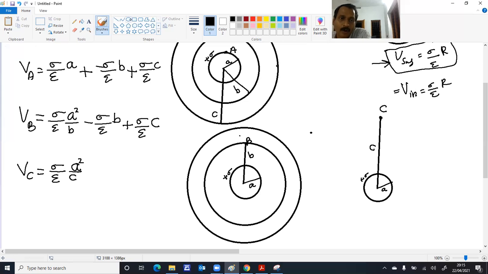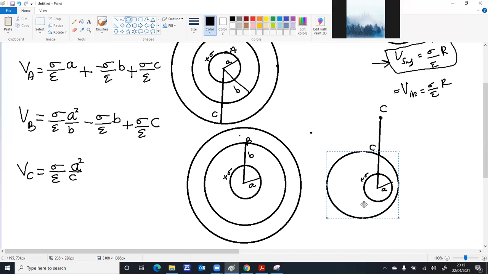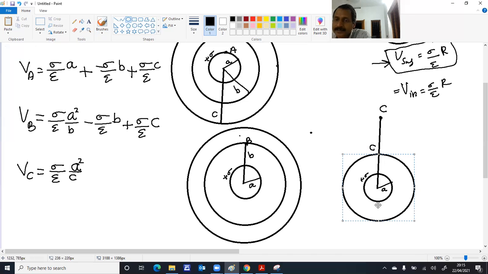Now we want the contribution at C itself due to B. Still the point is outside. So what will be the contribution of that sphere? Minus sigma B squared by C. Yeah, I think you got it now. B square by C. For the third one, you don't want me to draw, right?